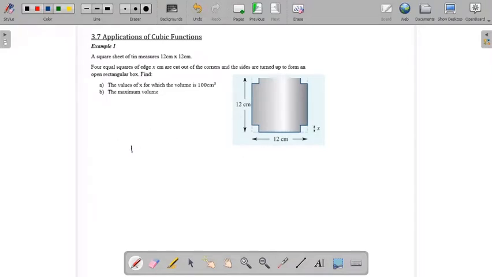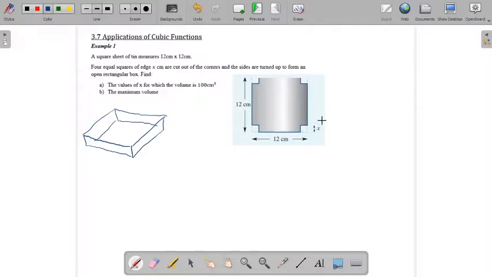So what we've got effectively is a box, an open box, and this is where a sketch helps.